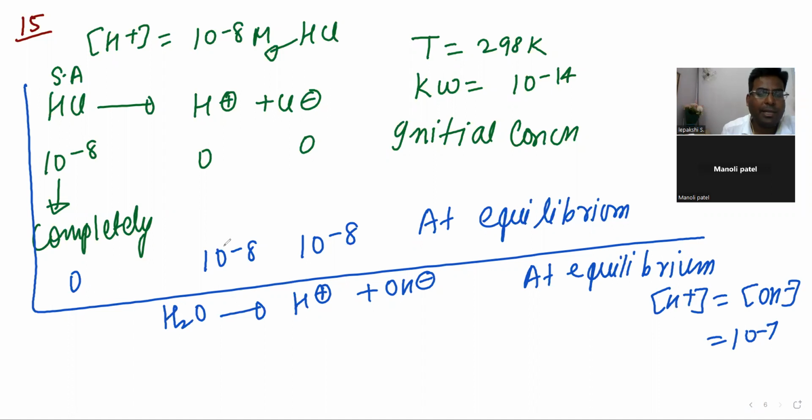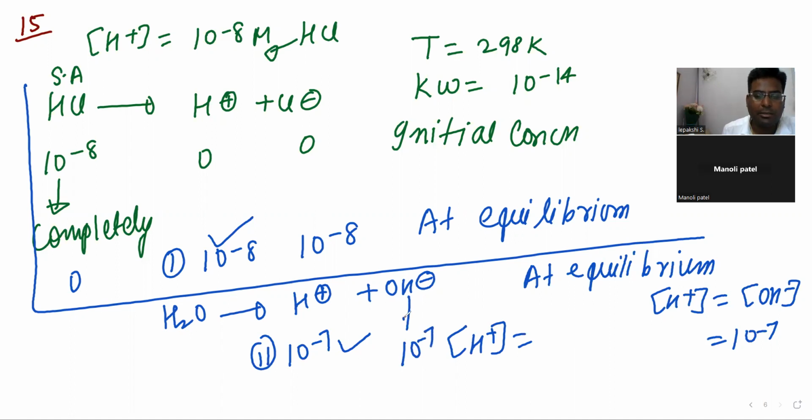You can observe here is also H plus, and here also we are getting 10 raised to minus 7 molarity. So when we have to find the whole H plus ion concentration, we have to add this H plus and this H plus ion concentration.